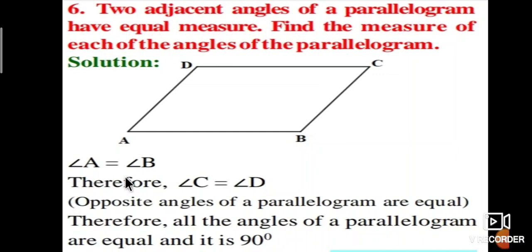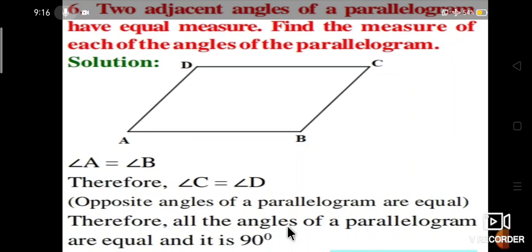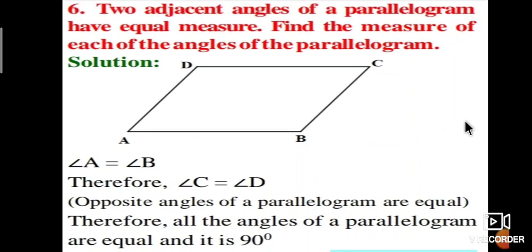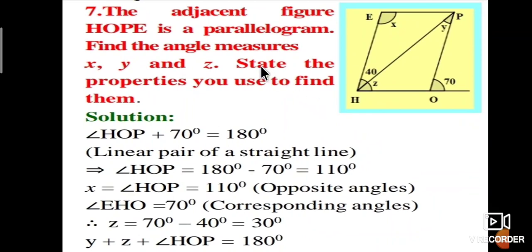Therefore, angle A is equal to angle B. Therefore, angle C is equal to angle D, because the opposite angles of a parallelogram are equal. Therefore, all angles of the parallelogram are equal and each is 90 degree.